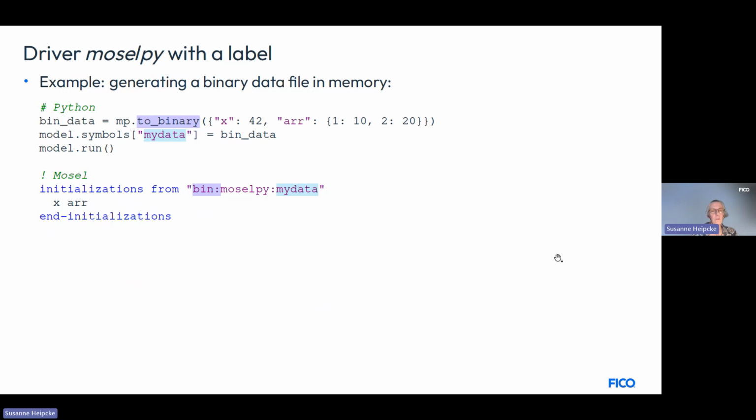Now here, this is the implementation of the binary format. So we have a binary transformation of Python data. There is a scalar and an array contained in this collection. Previously there were predefined labels that we were working with, and here I'm specifying a new label. I'm saying that's going to be this bin data that I've created.